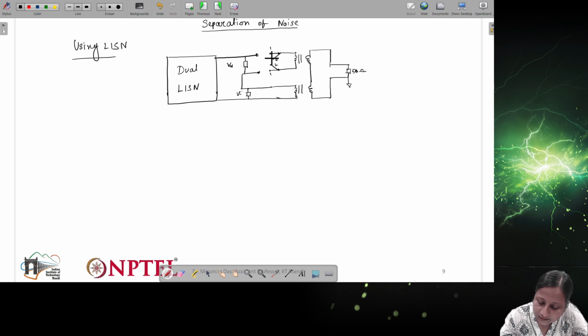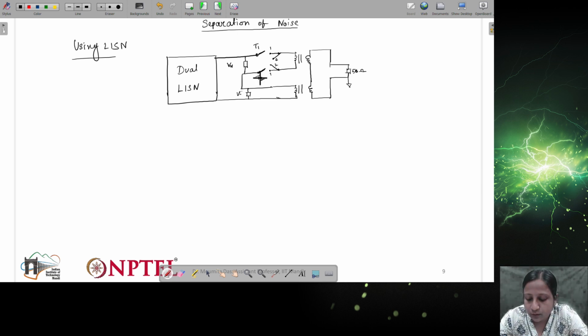I can write this as T1 and T2. So T1 can be connected to 1, 2 of T3, and T2 can be connected to 1, 2 of T4.